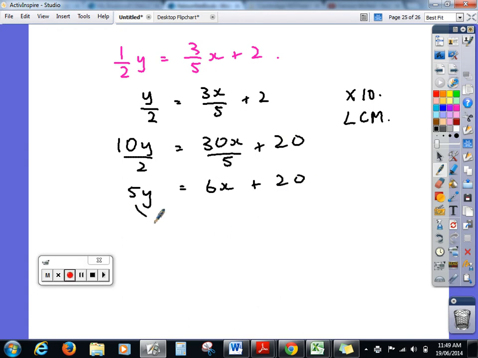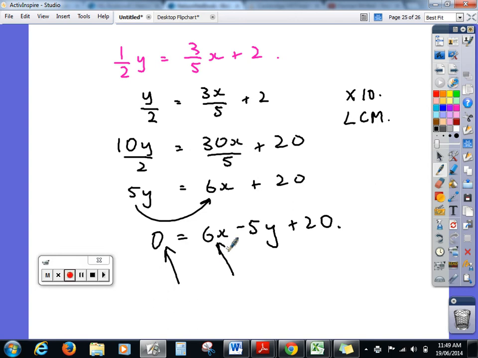And then we bring the y's to the x side. So we get 0 equals 6x minus 5y plus 20. Okay. And this meets our criterion: it equals 0, so it is in general form, and the coefficient of x is a positive number, and all the coefficients are whole values.